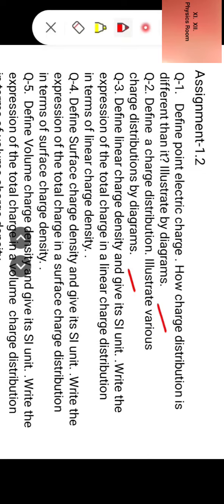Write the expression of the total charge in a linear charge distribution in terms of linear charge density. Question number 4. Define surface charge density and give its SI unit. Write the expression of the total charge in a surface charge distribution in terms of surface charge density. Question number 5.